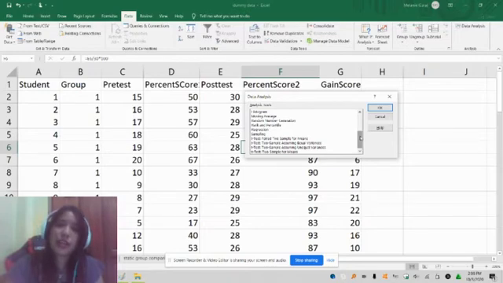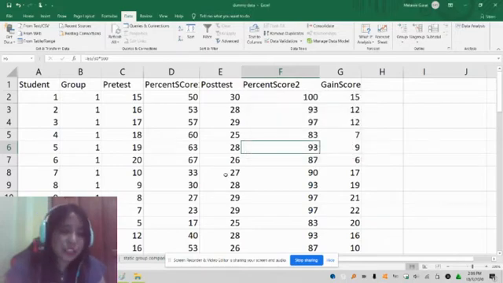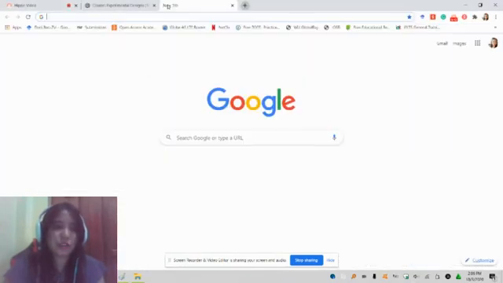Okay, so again, of course, we need to check if we're going to use t-test two-sample assuming equal variance or two-sample assuming unequal variance. So we missed that part. So we have to open again a calculator for homogeneity.